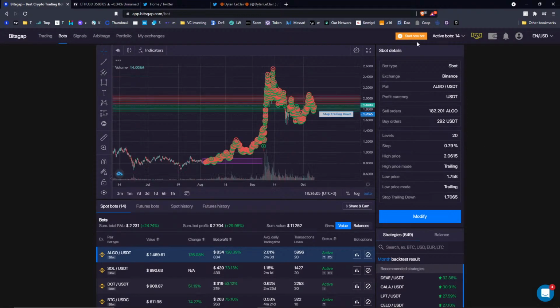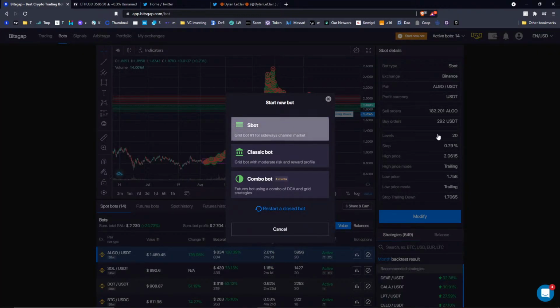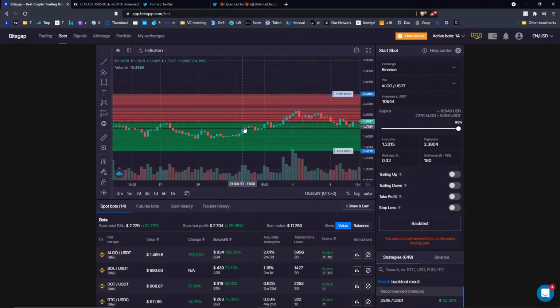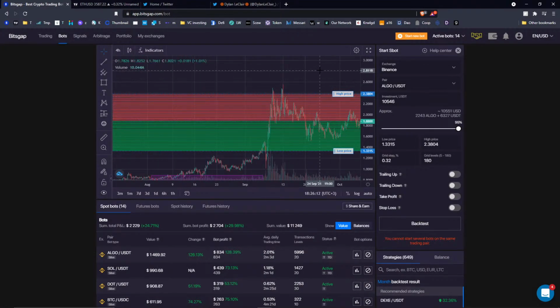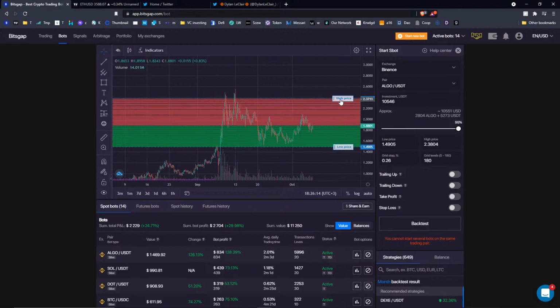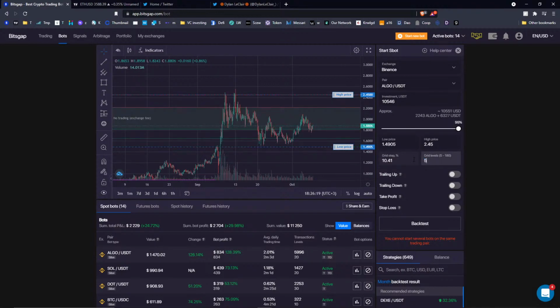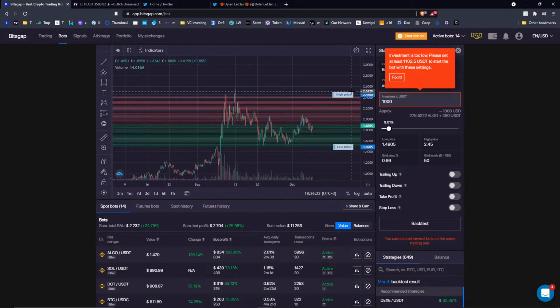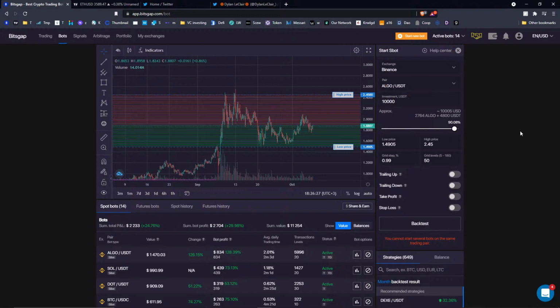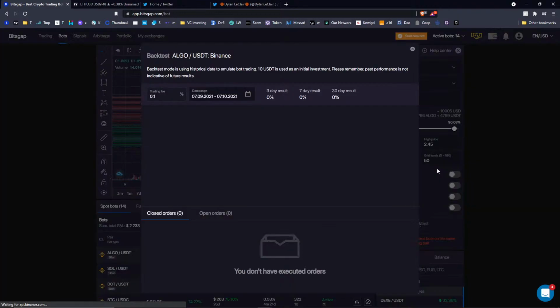So let's see, start new bot, algo maybe, and let's set here, and let's this time try maybe around 50 grid levels, whatever. Let's say $1,000. Well, it actually doesn't matter what the investment is because it takes it out of the statistical analysis.